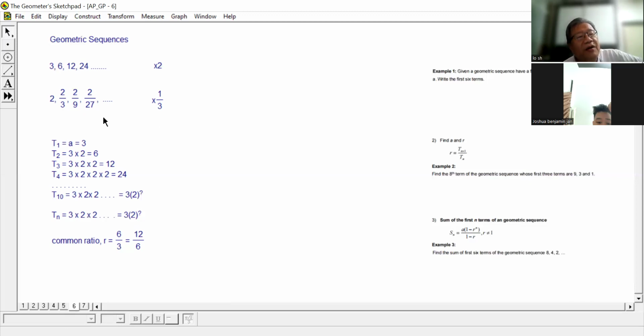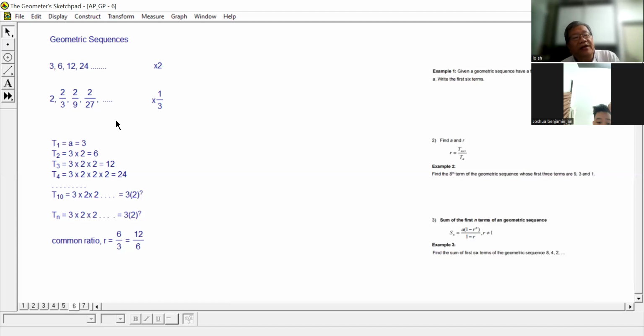What is the next number in the sequence? Can you answer? 2/81. Well, how to get the 2/81? You multiply with 1/3.